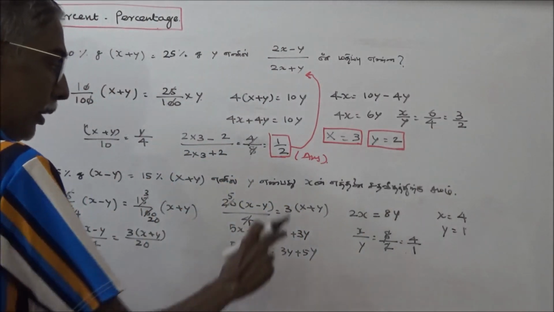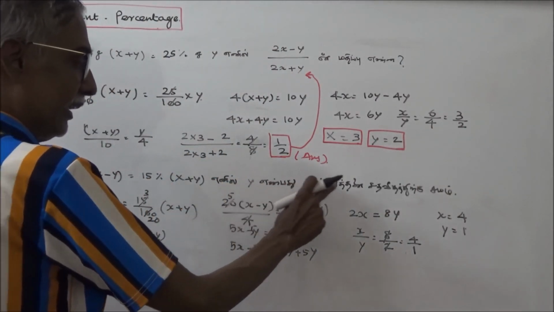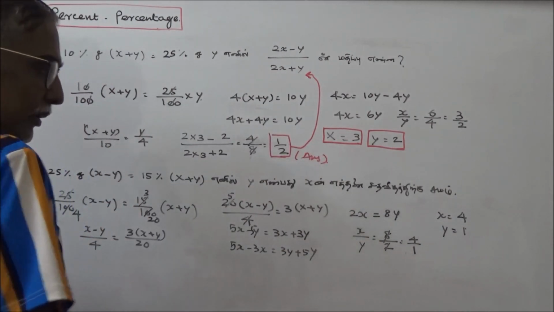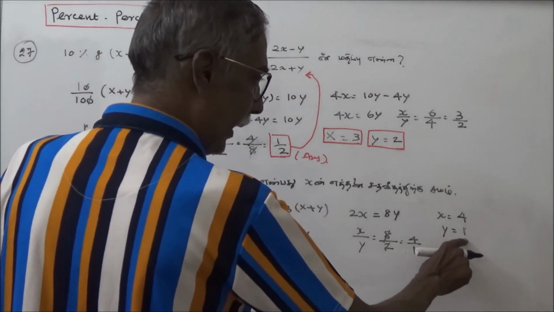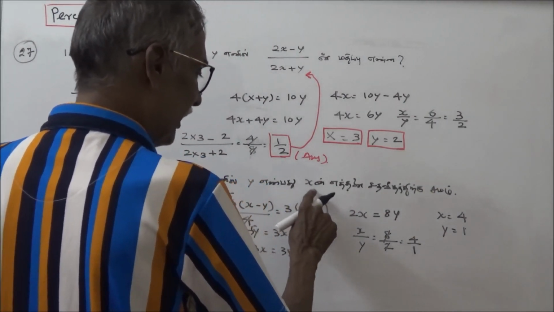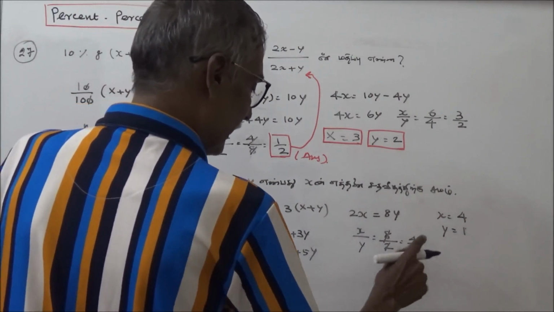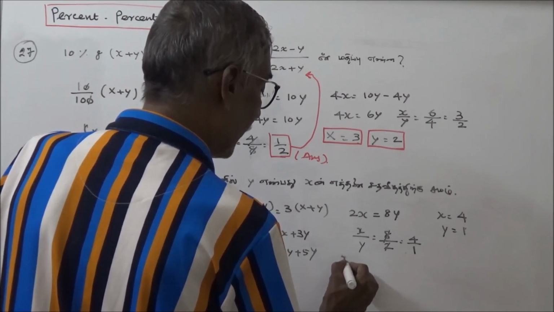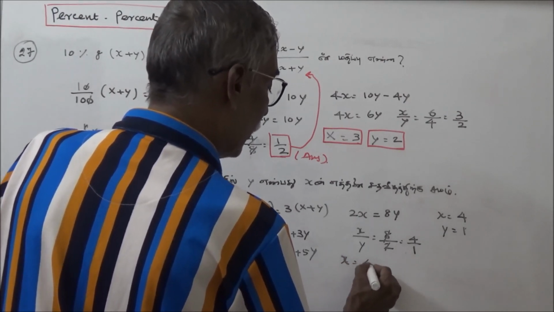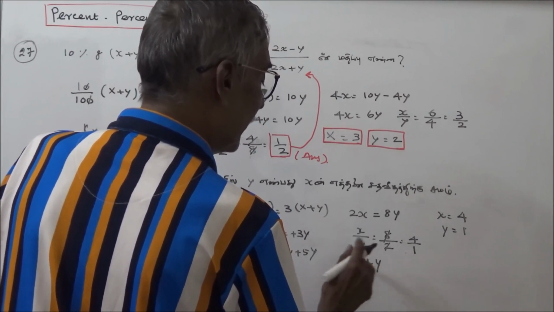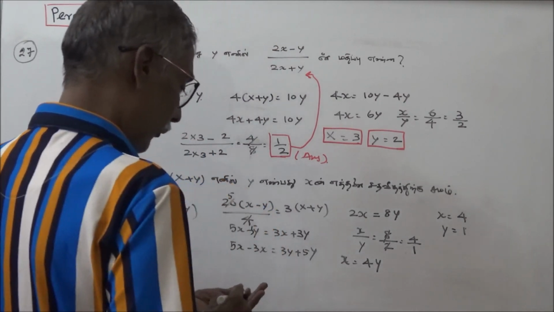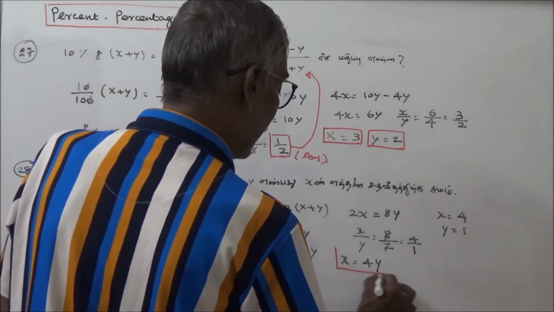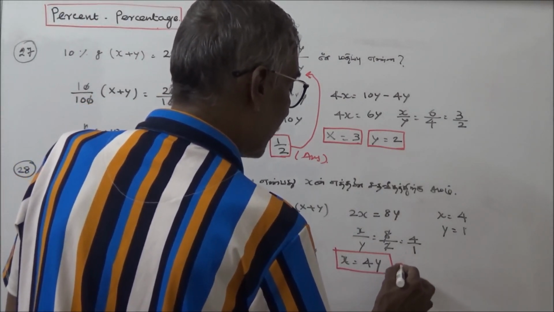So y is what percentage of x? If you multiply by 100, x is equal to 4y. Not 400.